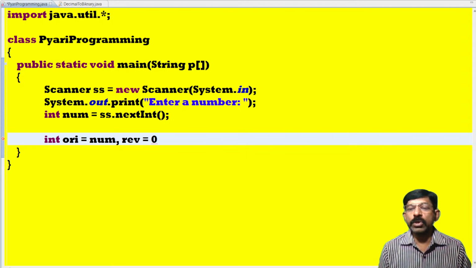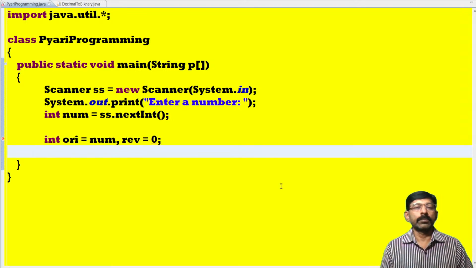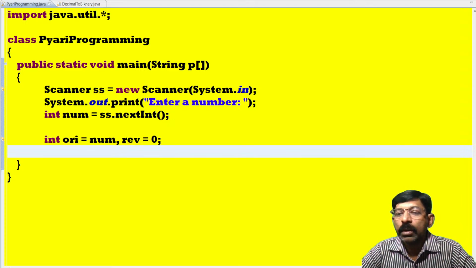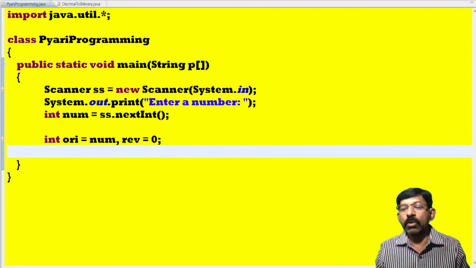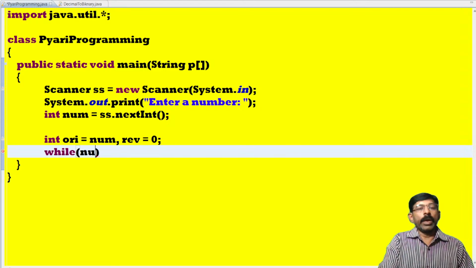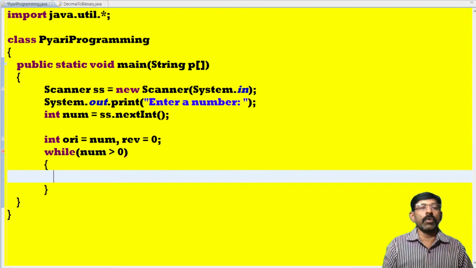Any other pre-processing? Now, the preliminary condition is missed by everyone. Preliminary condition is, yes, good. Preliminary condition is given by Sai Suvankar. The rest of the candidates are directly going for the formula. While NUM is greater than 0, the preliminary condition is required.